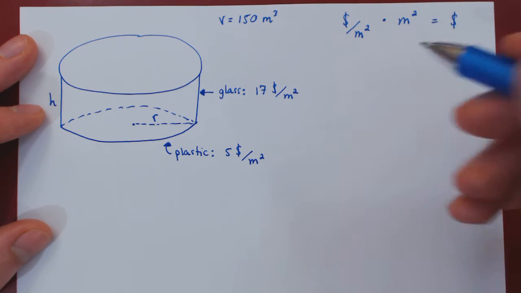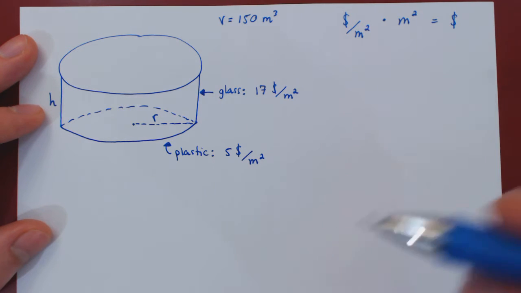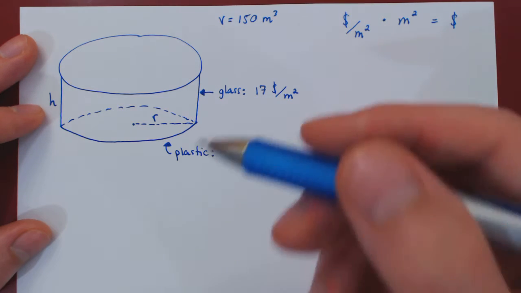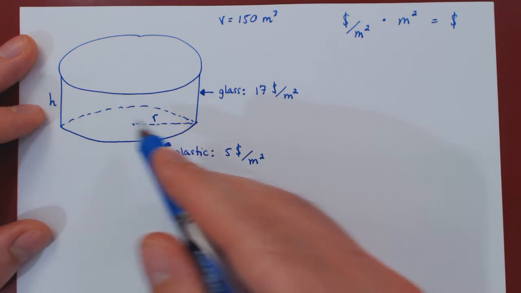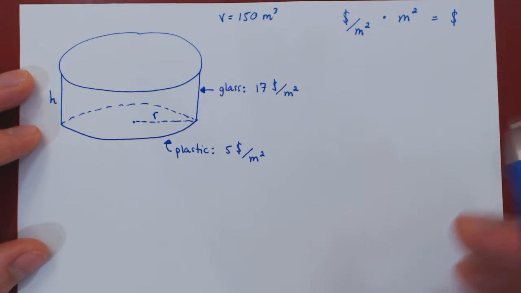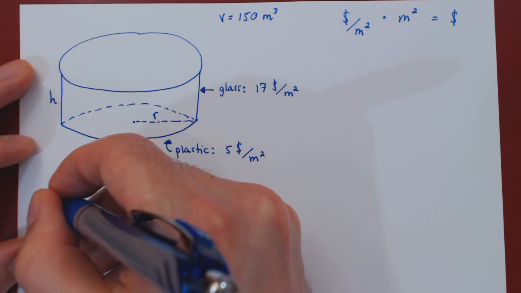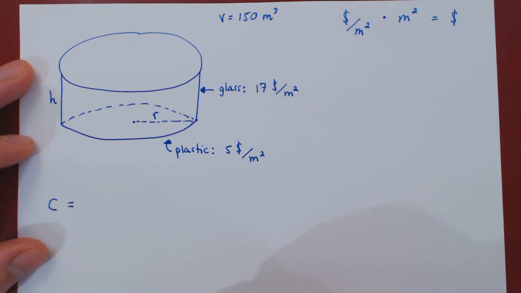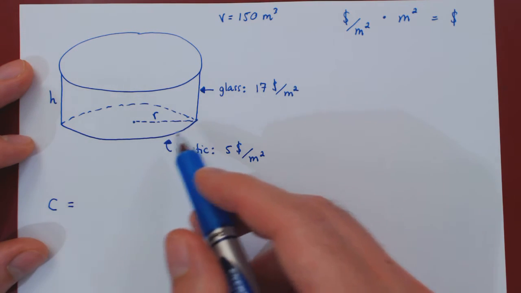So meter squared of course is the area. So this measures how much of either material we're using for each part of our tank, the bottom and the body of the tank. So let's call the absolute cost function C. So C will be equal to, well, first, what is the area of the base?